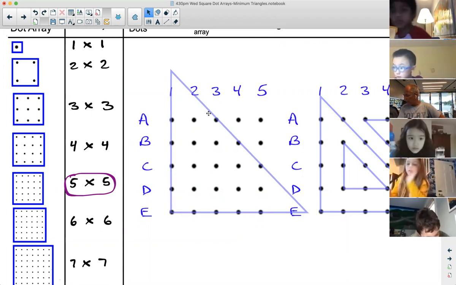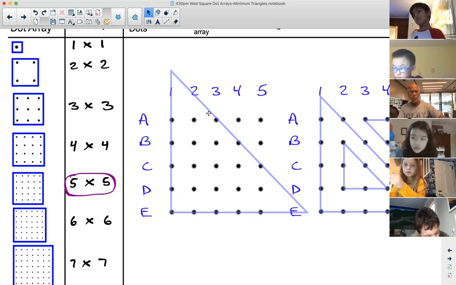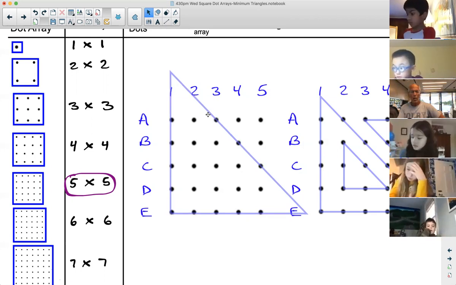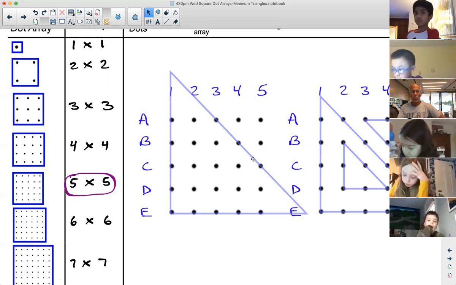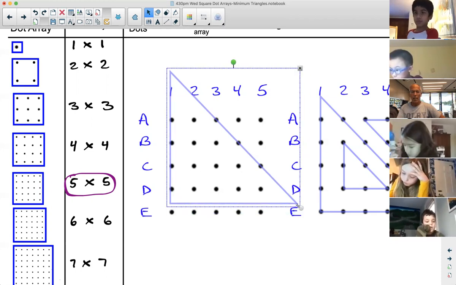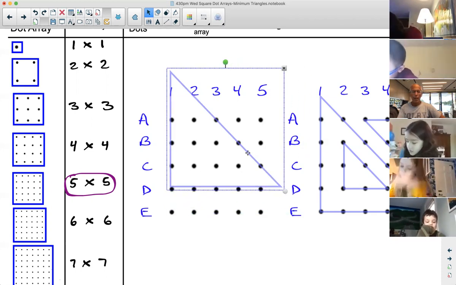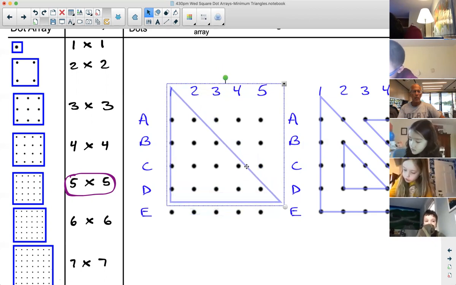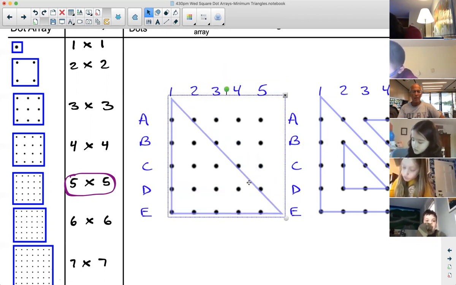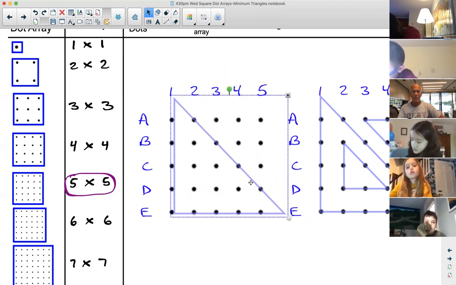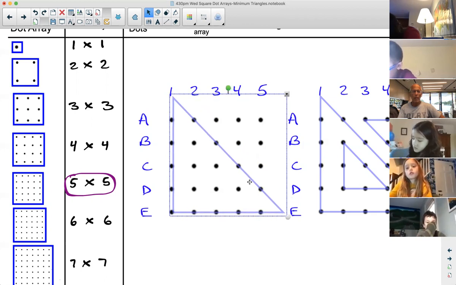No, that's not going to work. So let me now try to make that smaller. And I'm going to see, no, that's the same one we got already.